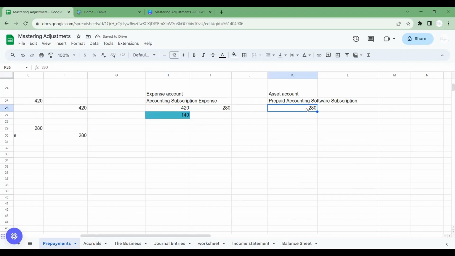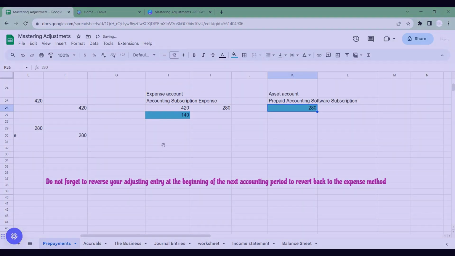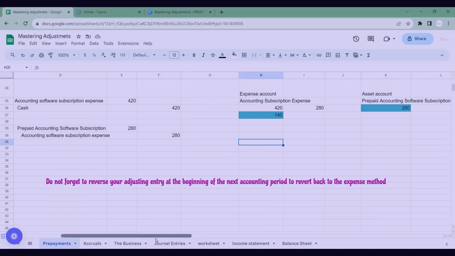And on the balance sheet, the prepaid accounting software will show 280. So that is how you account for the expense method.